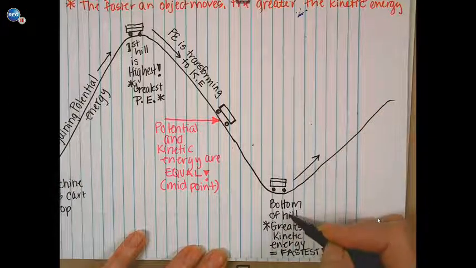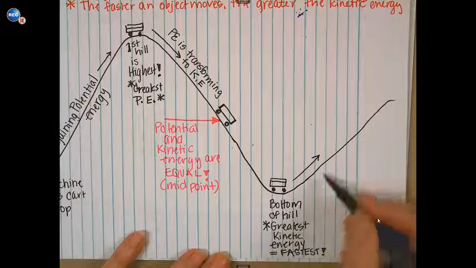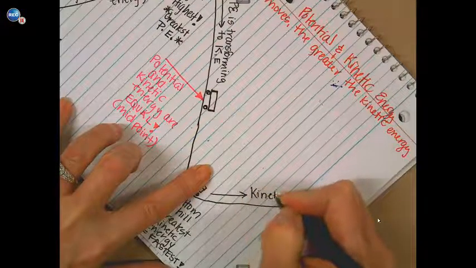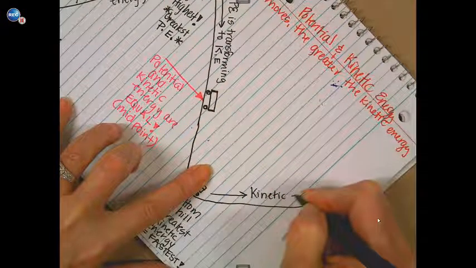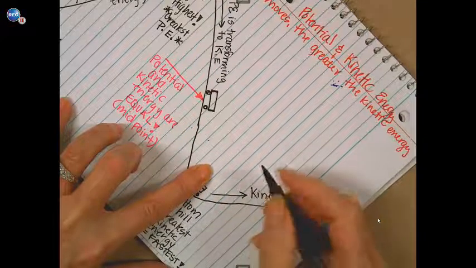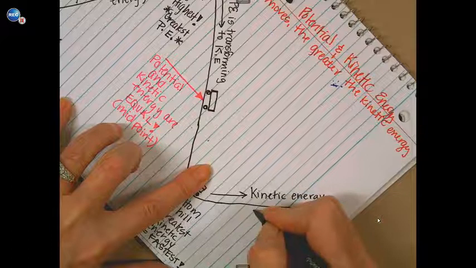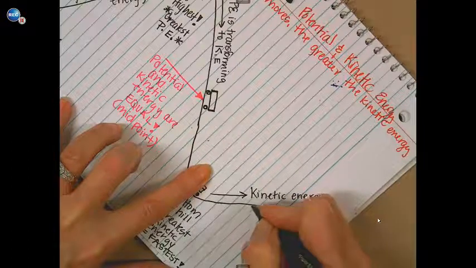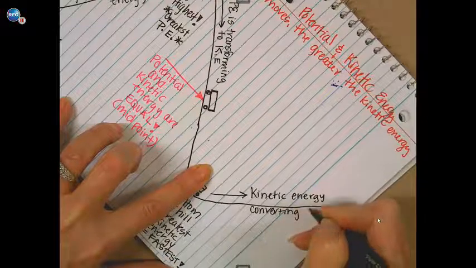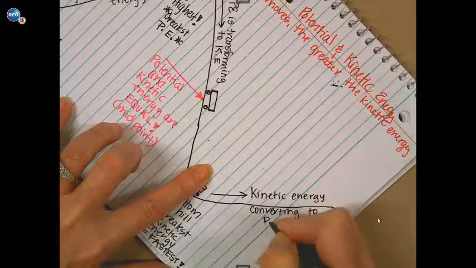Because here it has the greatest kinetic. Now it's converting back, remember? So now kinetic energy is converting to potential energy.